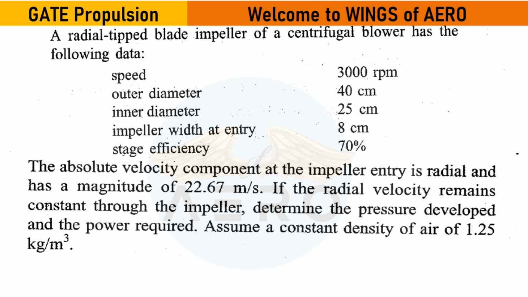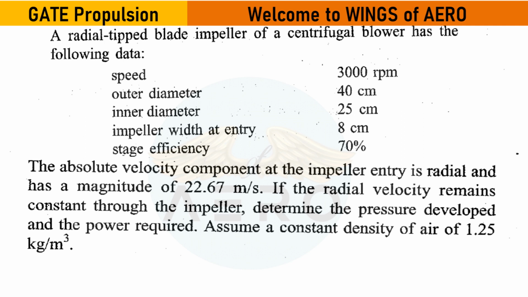A radial tipped blade impeller of a centrifugal blower has the following data: speed, outer diameter, inner diameter, impeller width at entry, and stage efficiency are given. The absolute velocity component at the impeller entry is radial, and its magnitude is given.